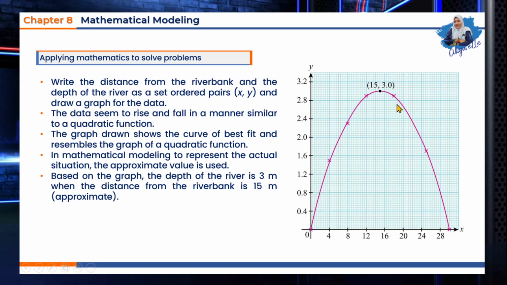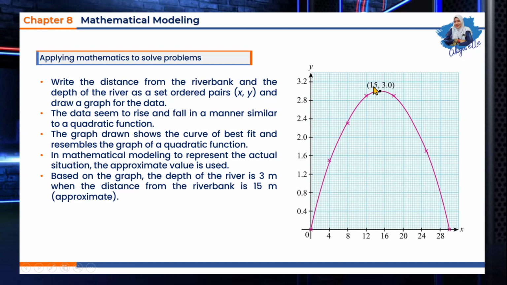You look at here. When y is 3 meter, y is the depth of the river, and x is the distance from the river bank. When the distance from the river bank is 15 meter, this is the deepest part of the river, in the middle, the deepest part.